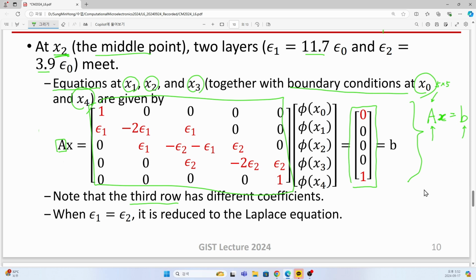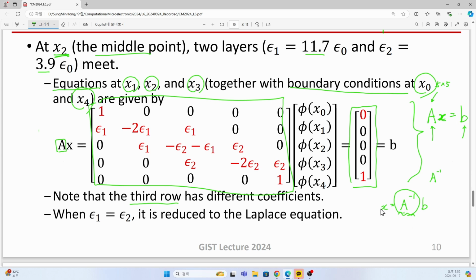For example, if you can calculate the inverse matrix of A, then just multiply the inverse matrix to get inverse of A times b. But calculating the inverse of A is numerically quite heavy.